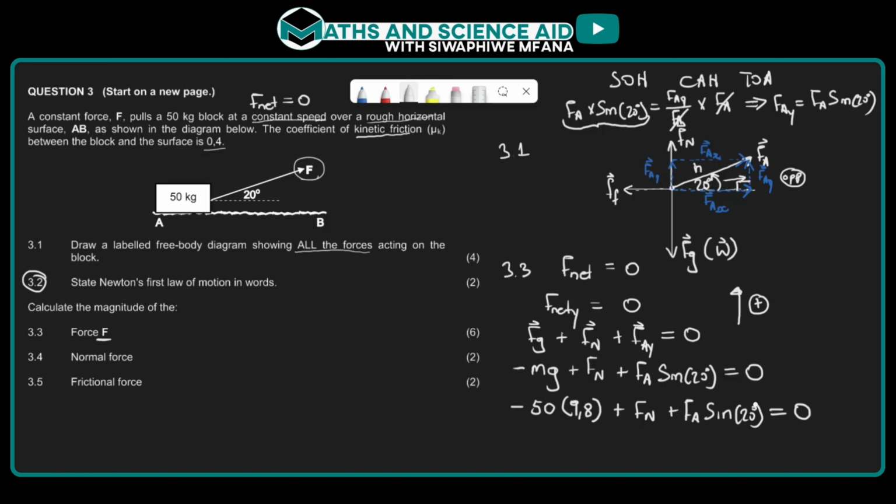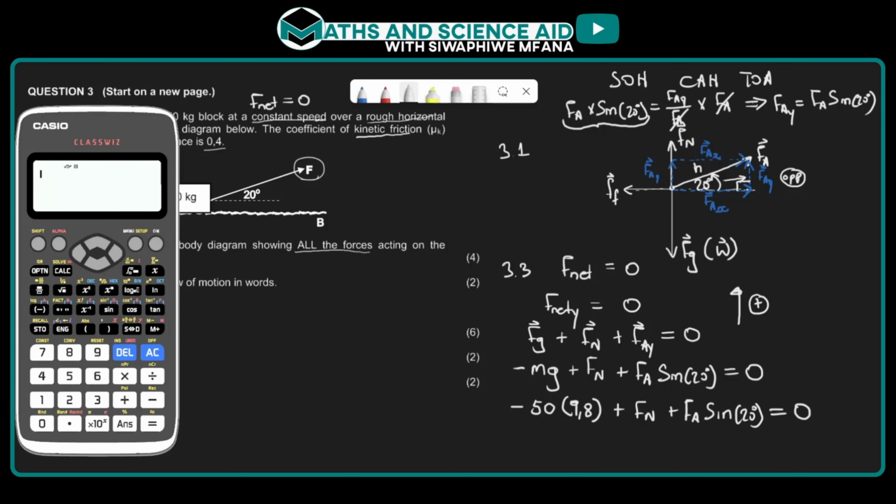Okay, and furthermore, we can also calculate 50 multiplied by 9,8. And so 50 multiplied by 9,8 is equal to 490.